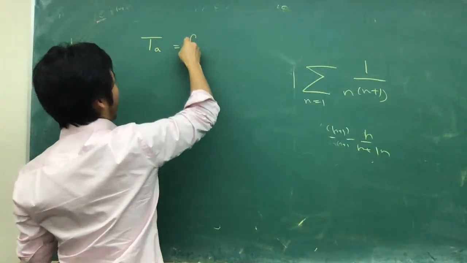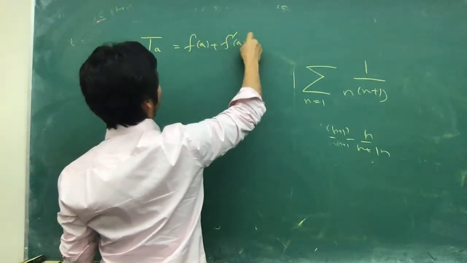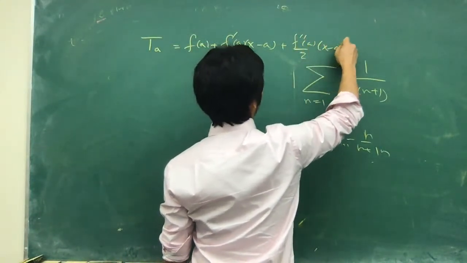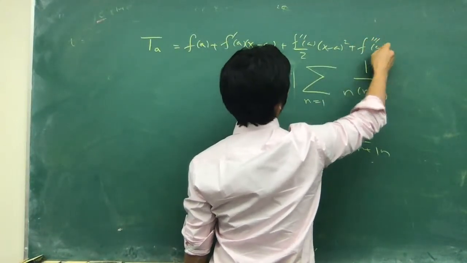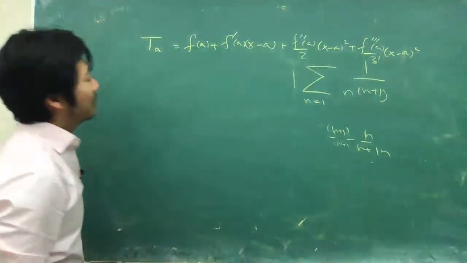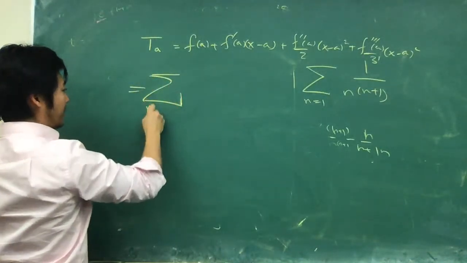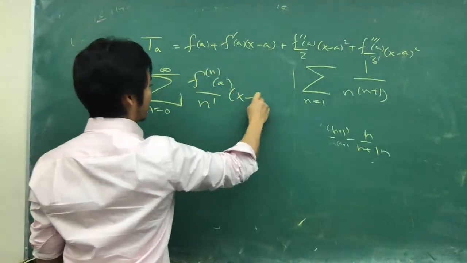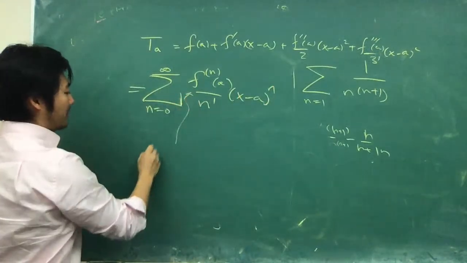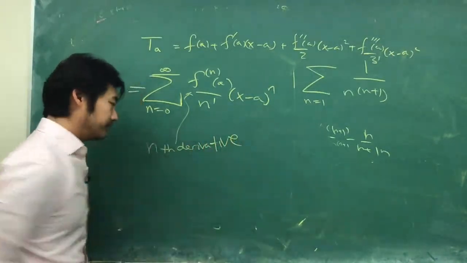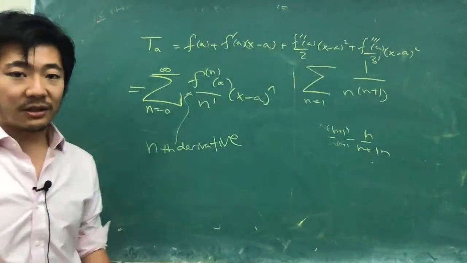So the Taylor series of a function centered at a is f of a plus f prime of a times x minus a plus f double prime of a over 2 times x minus a squared plus f triple prime of a over 3 factorial times x minus a cubed, etc. So the summation form is the sum from n equals 0 to infinity of the nth derivative of f at a over n factorial times x minus a to the n. So just plug that in.